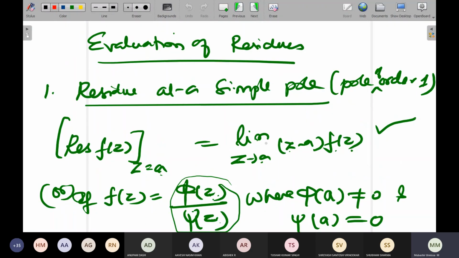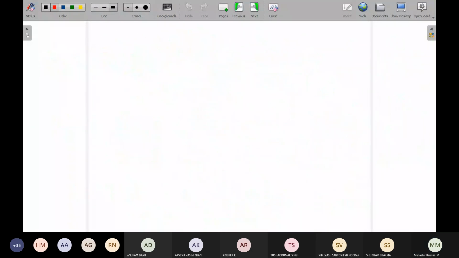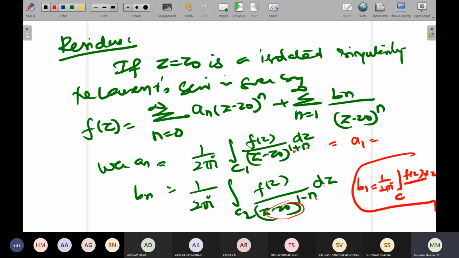So in the Laurent series expansion, the value of b1 is the same 1 by 2 pi i integral over C of f of z dz. You understand? The coefficient of this 1 by z term, that is b1, the first term, will give you the residue. In other words, you can find the residue using that.